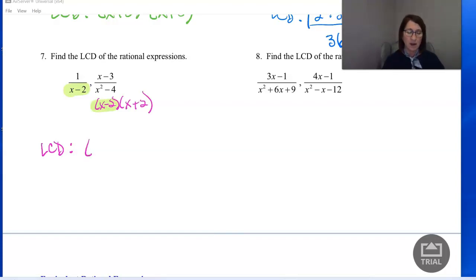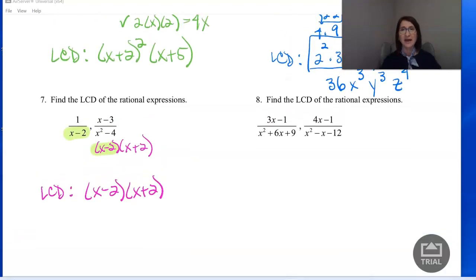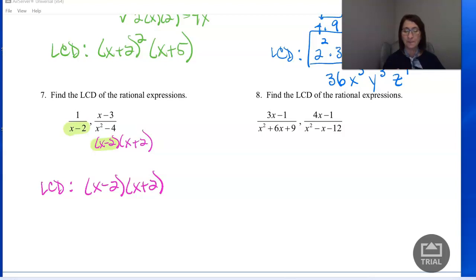So I'm just going to use x minus 2 to the first. Then I also need that x plus 2 because I have to pick up every unique, every different factor that is in the denominators. So that's why I scoop that one up. I leave them in factored form though, because it's going to make it easier when I'm trying to find common denominators. Let's go ahead and do this last one.